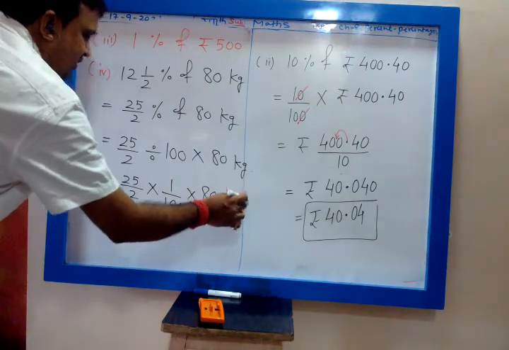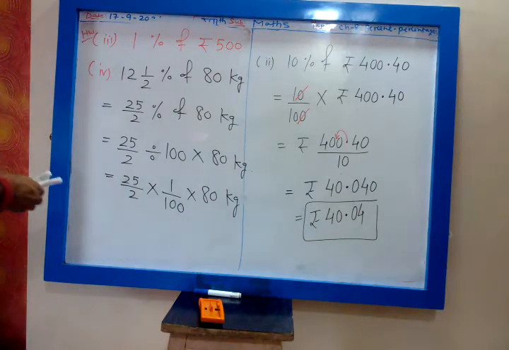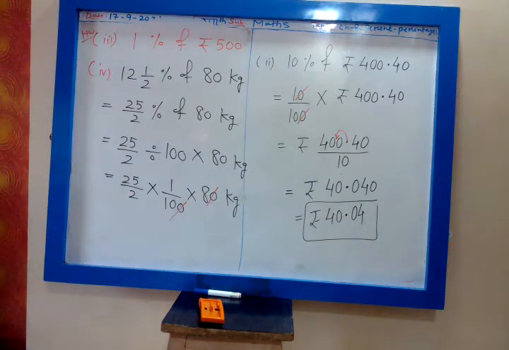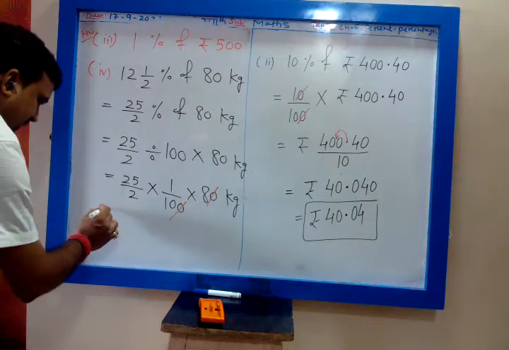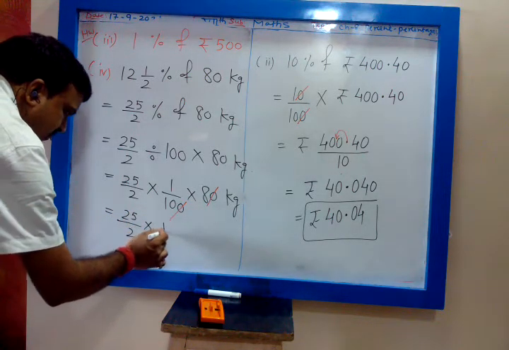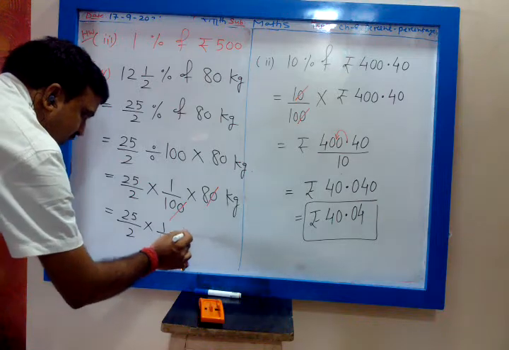Let us cancel the zeros of the numerator with the denominator. Here, 1 zero gets cancelled. So what is left now? 25 by 2 into 1 upon 10 into 8 kg.